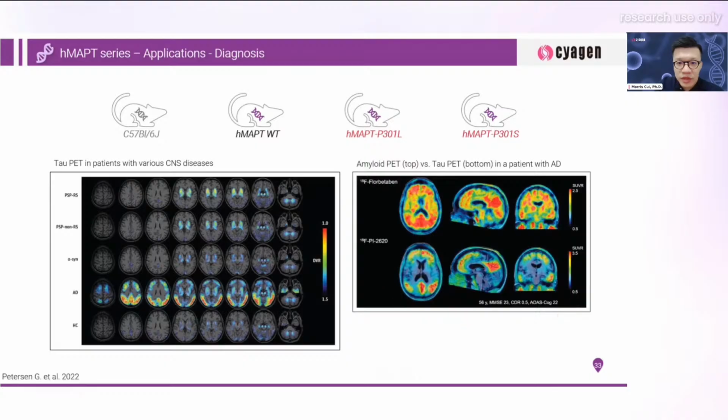Also, there is another AD tau PET. So, that is but one demonstration that tau pathology as a pathological marker has a higher clarity in comparison to our generally used AD markers like amyloid PET. It is more precise, it is more clear.